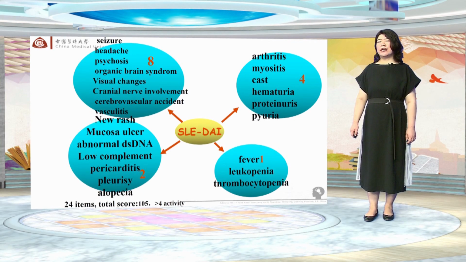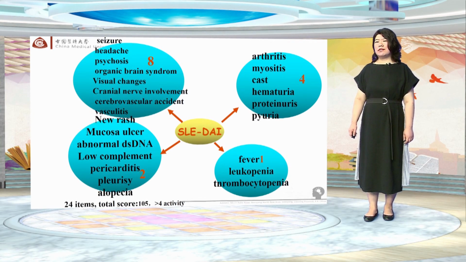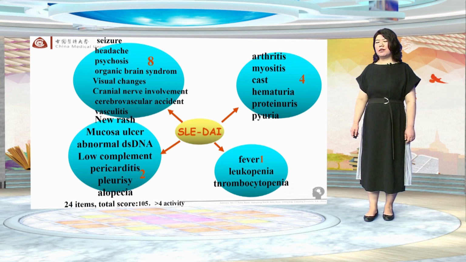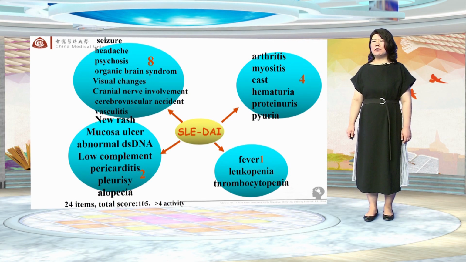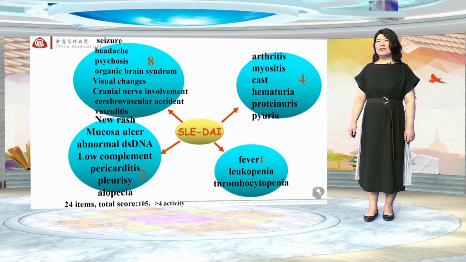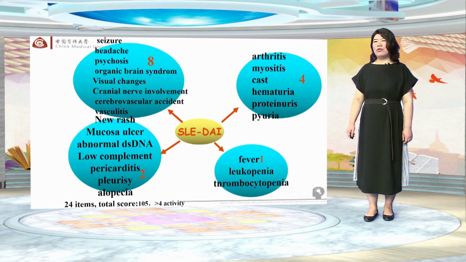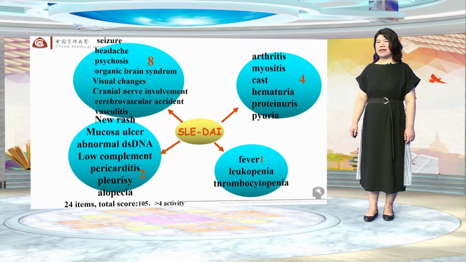The 2 points are usually associated with immunologic differences, such as abnormal antibodies and low complement. And the score of 1 is usually associated with blood changes, such as leukopenia and thrombocytopenia. If the patient gets more than 4 points, it means the disease is in an active stage.